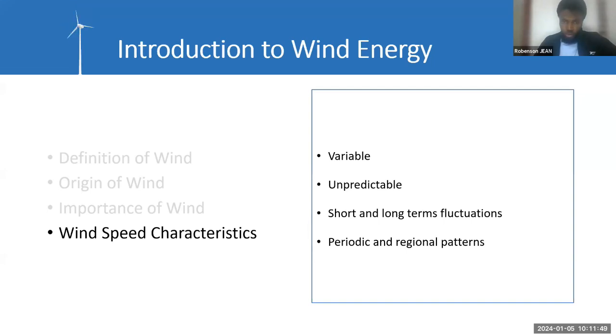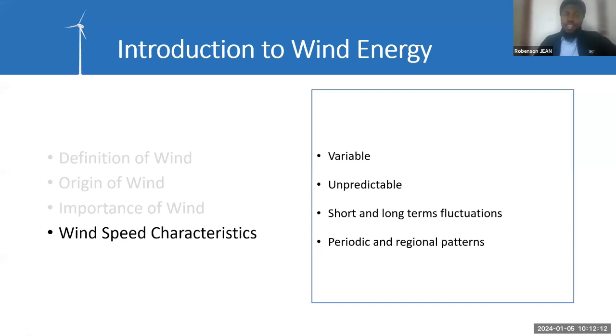We are going to see some other characteristics of wind speed, and also what we can do in order to mitigate the variability and the unpredictability of the wind speed. Also, wind has some short and long-term fluctuations.